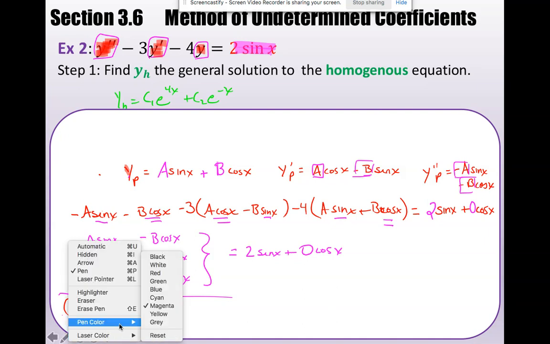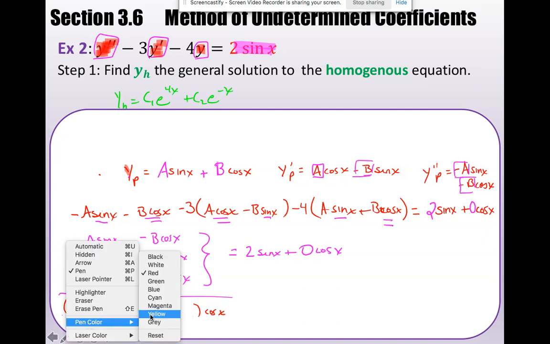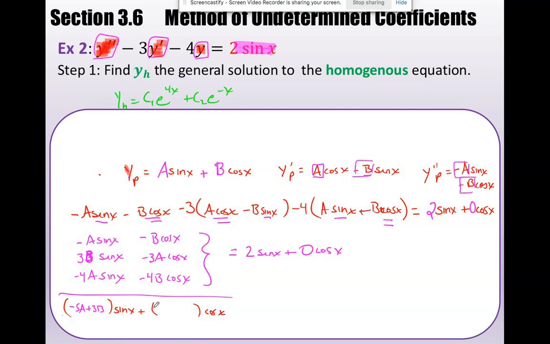How about in front of cosine x? What do I have? Negative 3a and negative 5b. And again, that is supposed to equal 2 sine x plus 0 cosine x.